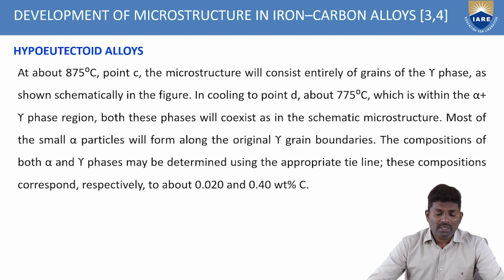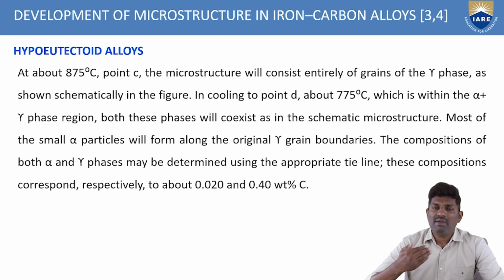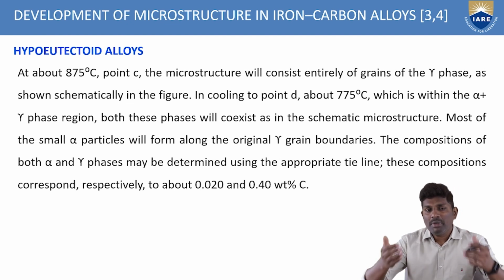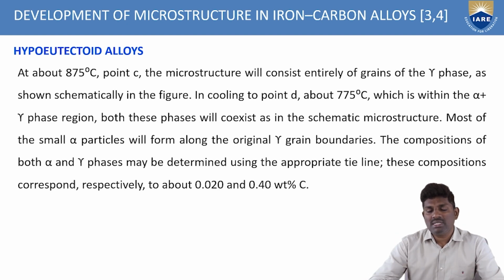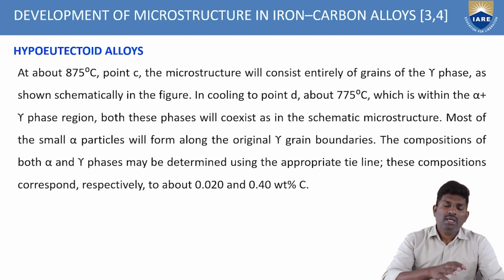So at about 875 degrees centigrade, the point C, the microstructure consists of completely gamma phase. So what we have seen here in the previous phase diagram is the complete gamma phase, and slowly upon cooling it has a combination of Fe3C with gamma, and coming to the third point, it has a higher percentage of Fe3C with the gamma, and coming below 727 degrees centigrade, you have rich portions of pearlite with the gamma particles.